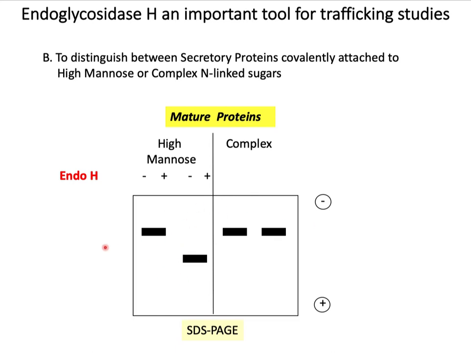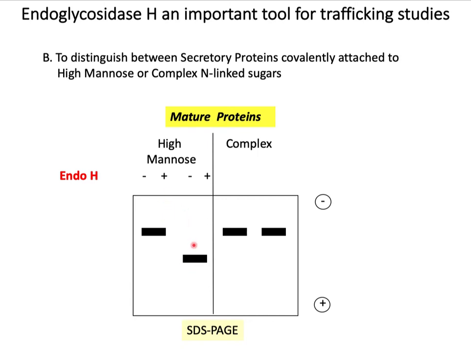So say you have isolated a mature protein, a protein which has completed its processing and maybe has been secreted from the cell. Next, you can treat the protein with endo-H. After running on a gel, you can see that this protein is sensitive to the action of endo-H, as the treated protein runs lower on the gel than the no treatment control.